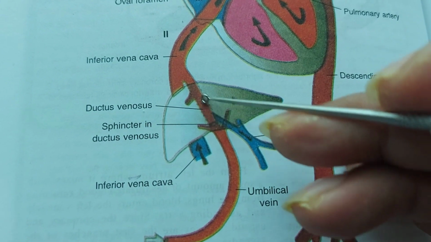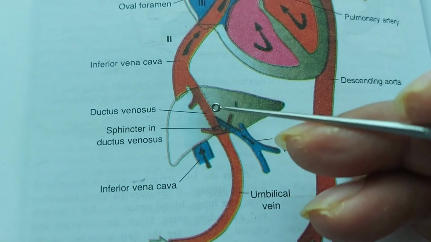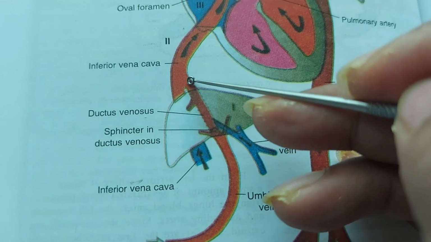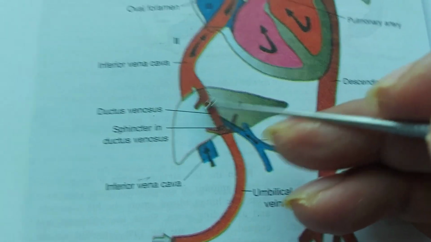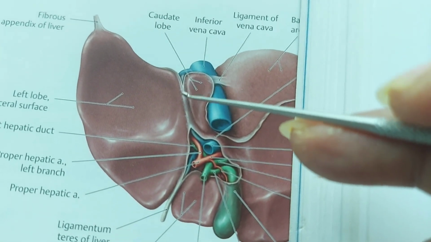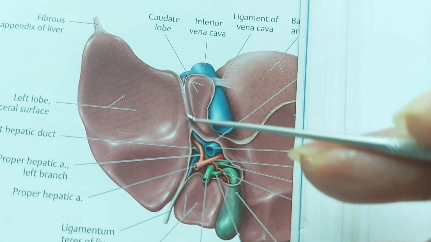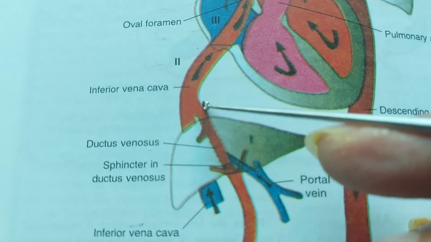This connection is known as the ductus venosus. After the birth, this ductus venosus disappears and remains as the ligament in the posterior surface of the liver as the ligamentum venosum. This is the ligamentum venosum. This is the remnant of this ductus venosus.